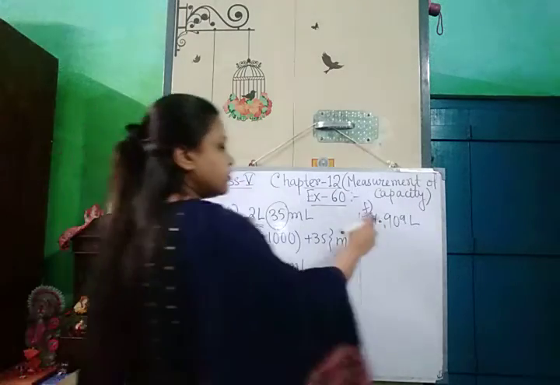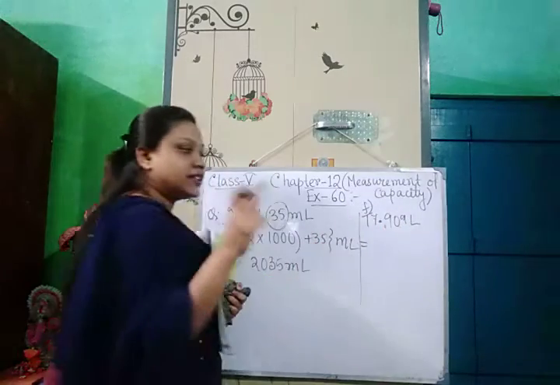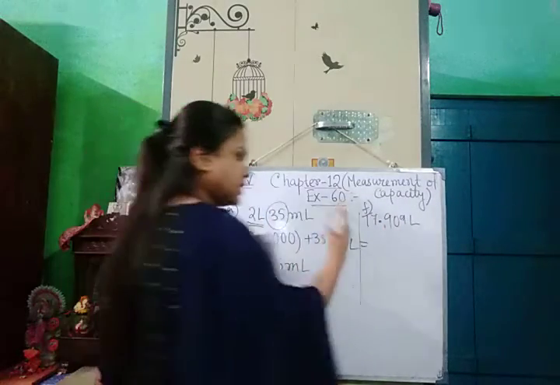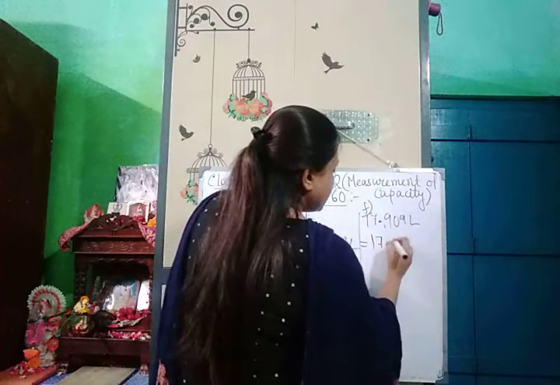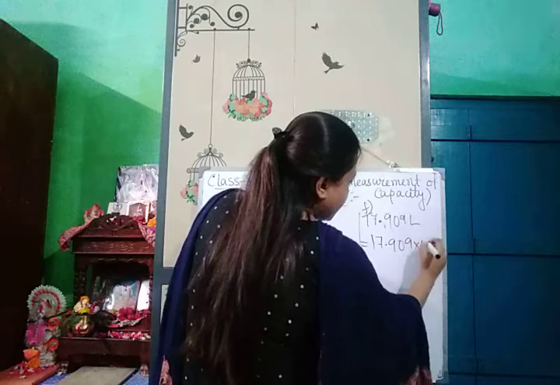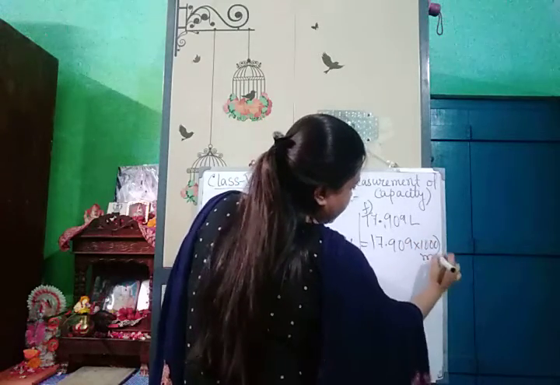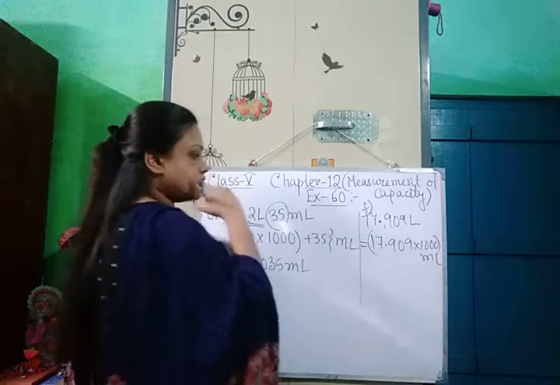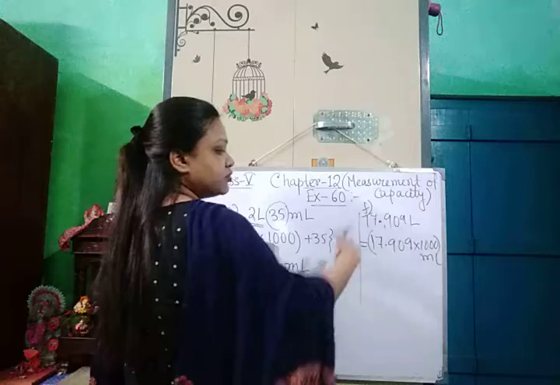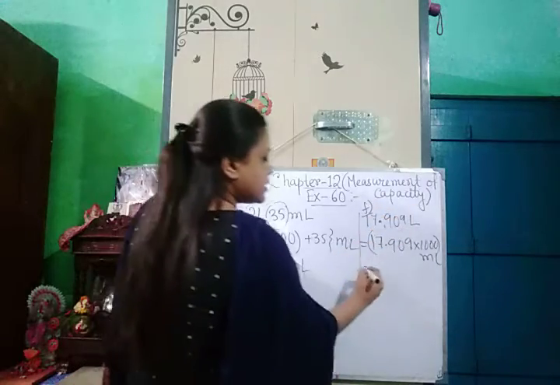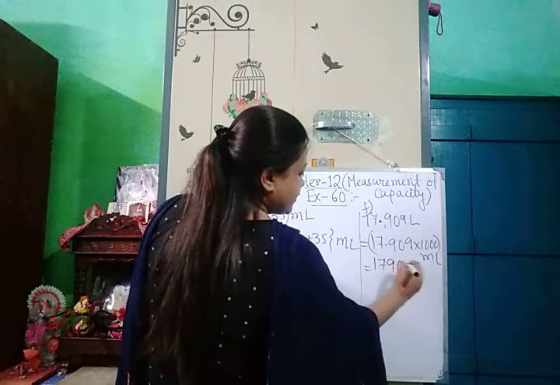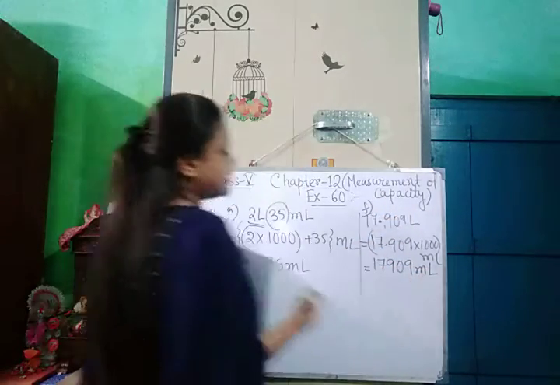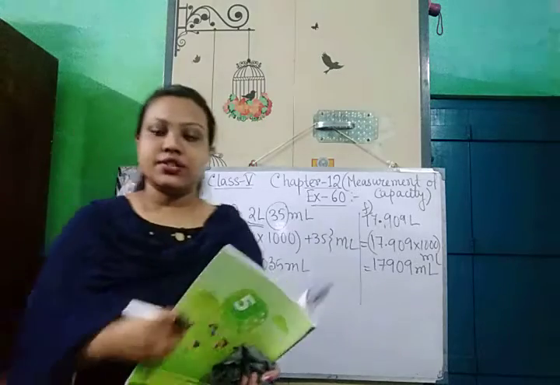See, we have to multiply 1000 with liter to get milliliter. So that means 17.909 into 1000 ml. If we multiply 1000 with the number, the point will move to the right 3 places. So it will be 17909 ml. That is the required answer, 17909 ml.